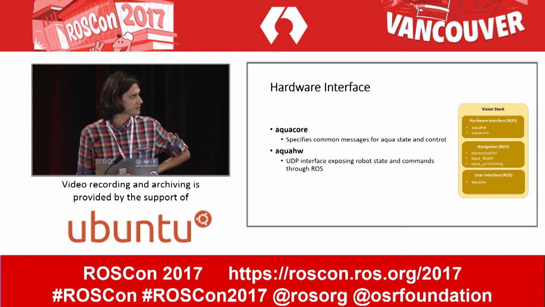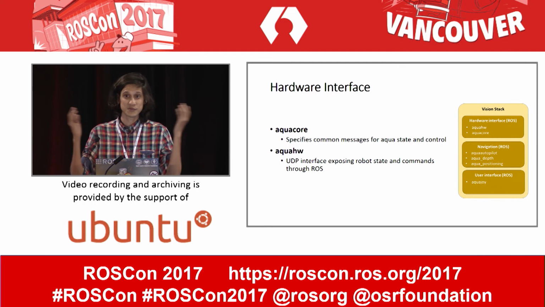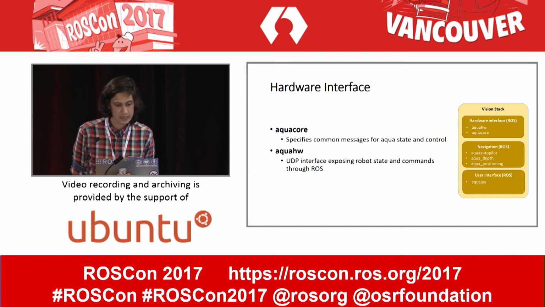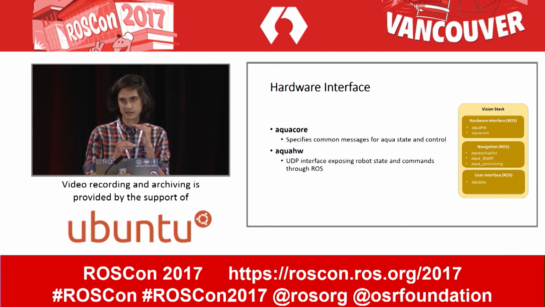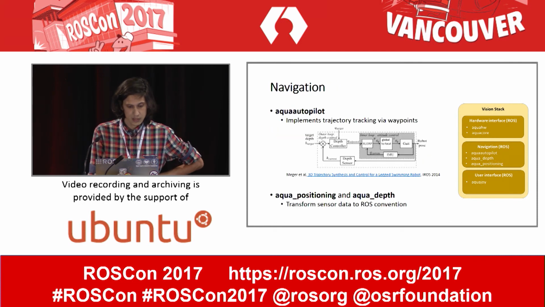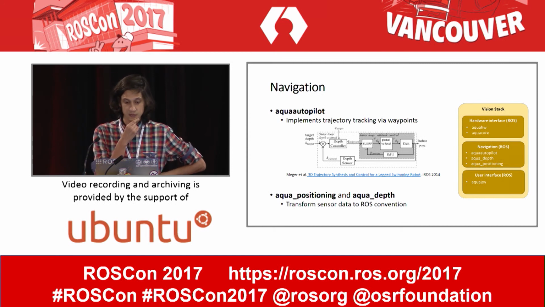The hardware interface is essentially one package that defines all the messages that we use internally for passing data around about the robot state, and one package that acts as the layer between the low-level control and ROS. For navigation, we have the AQUA Autopilot package, which implements trajectory tracking via waypoints.